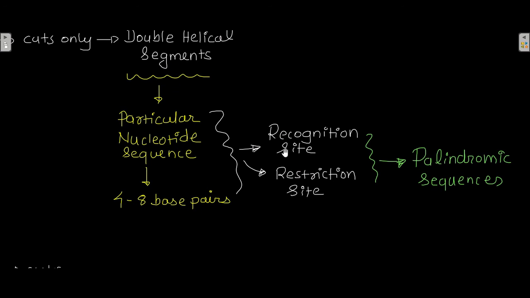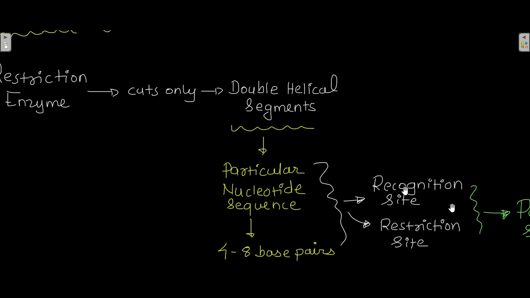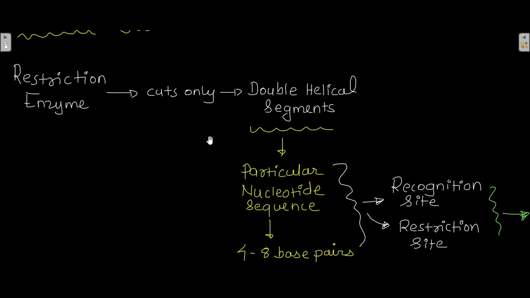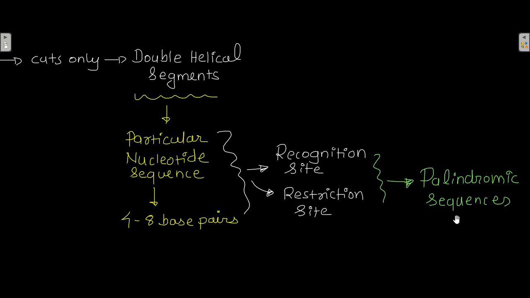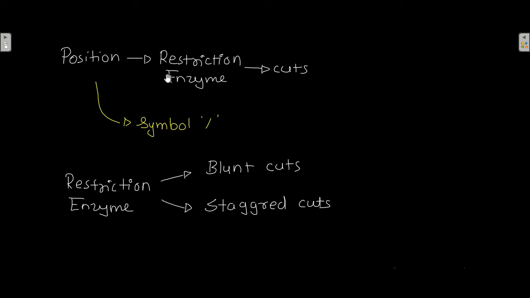These recognition sites are generally palindromic sequences, so the restriction enzyme cuts only at palindromic sequences. The position at which the restriction enzyme cuts a particular sequence of DNA is symbolized by a slash. It will be explained in a further example how exactly this symbol works.